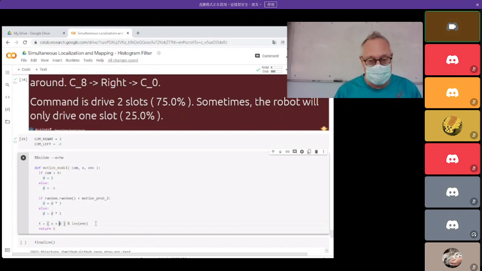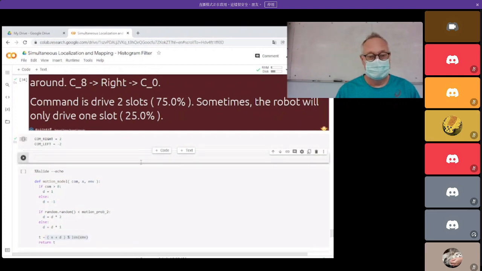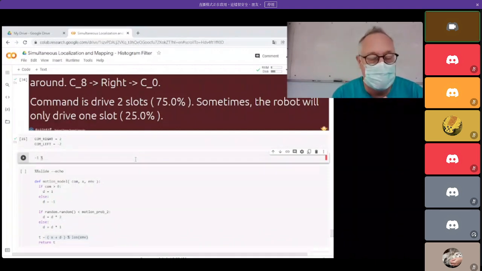Now, this one I'm actually not so sure, because what's the problem with this line of code here? The problem is I always forget which version of modulo the different programming languages implement.